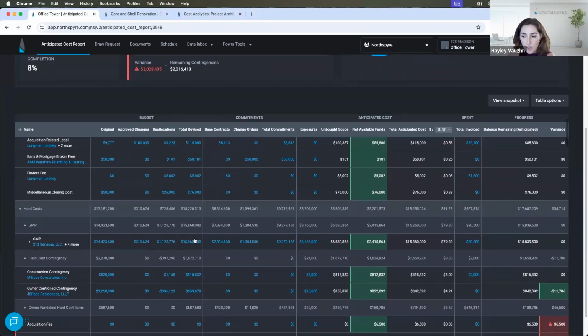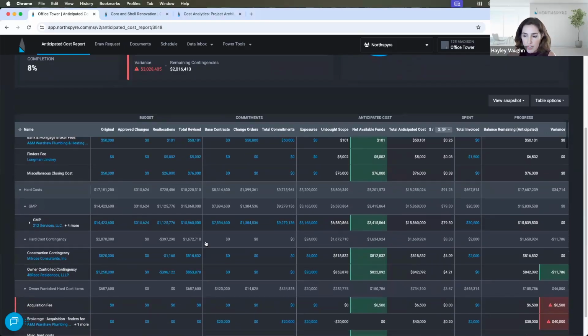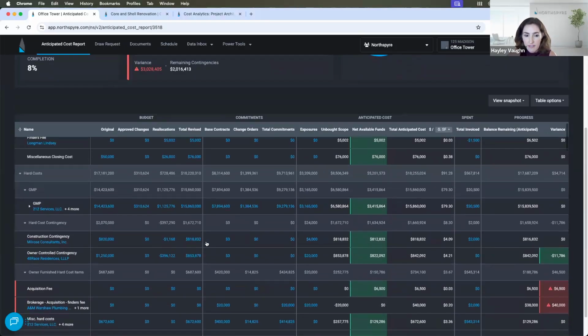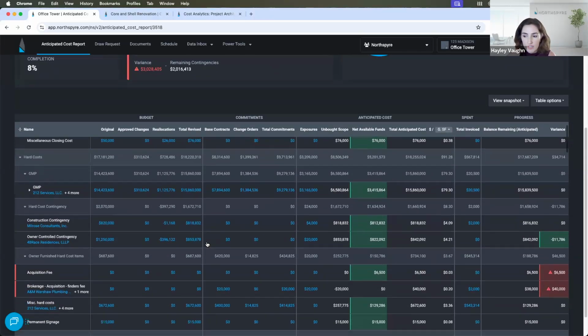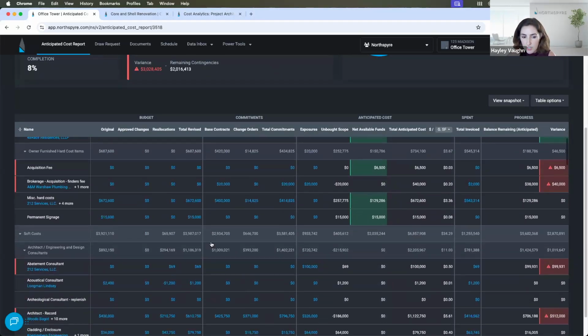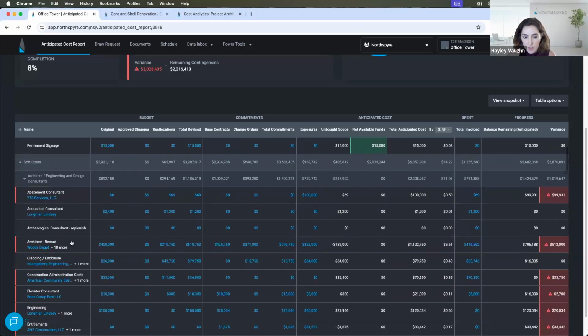So you'll notice that there's some green and red on this table, and that basically is identifying where there are opportunities and risks. So obviously where there's red, we want to pay special attention. Taking a look at this architect of record budget line as an example, I can see that I have a $512,000 variance. And that's because my total anticipated cost for the line is much higher than my budget.